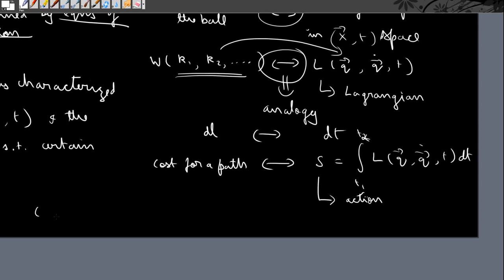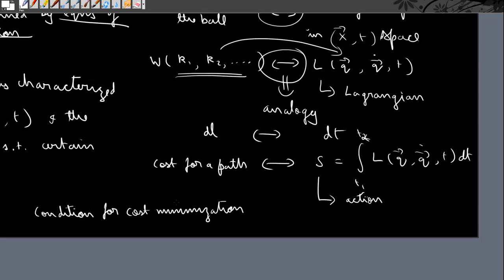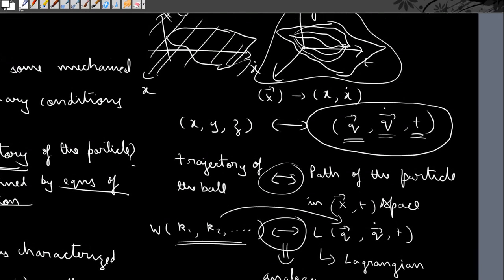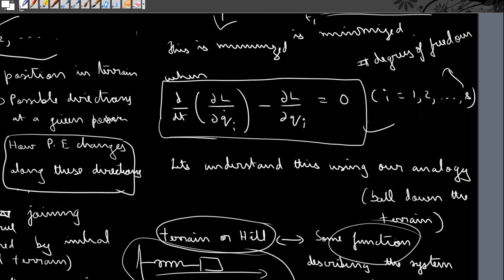And the condition for cost minimization, which was basically choosing direction along gradient of the potential function, is analogous to the Euler-Lagrange equations, which are nothing but these.